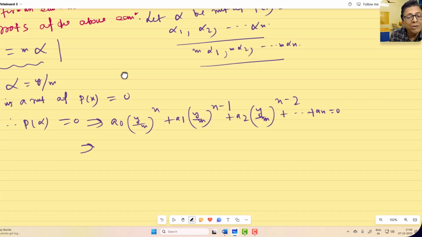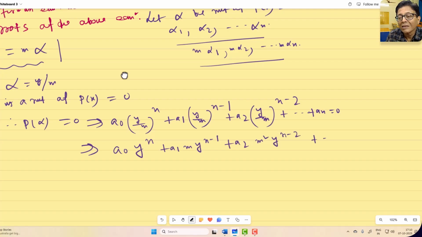Now what you will do here, you multiply both sides by m to the power n. This will be a0 y to the power n plus a1 m y to the power n minus 1, and this way plus an m to the power n equal to 0.